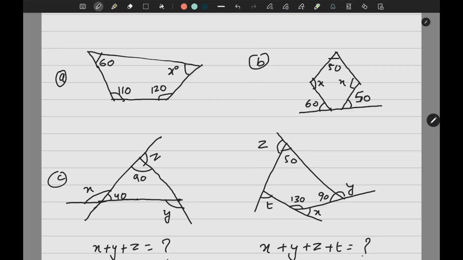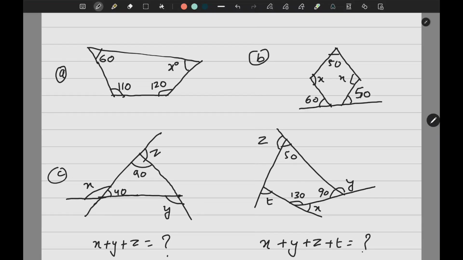Okay. So now when I am talking about the first question, I am asking you, what is the value of x in this particular diagram? Now it is a polygon. I am not interested whether it is regular or irregular, because they have not mentioned. I know that the sum of interior angles of any polygon is (2n minus 4) into 90. So now, 2n. What is the value of n? 1, 2, 3, 4.